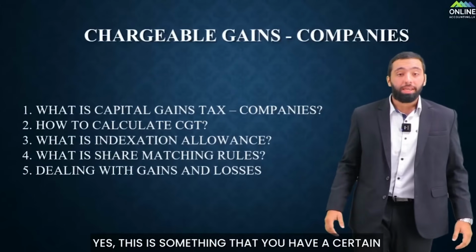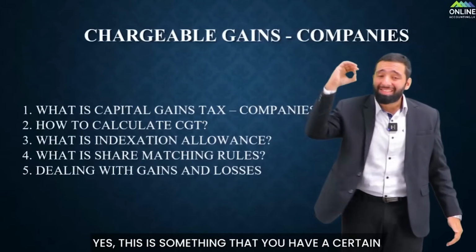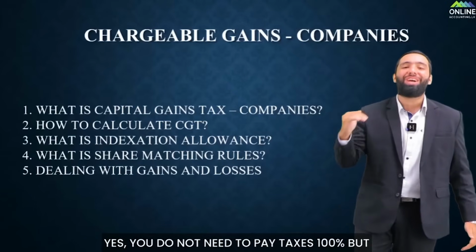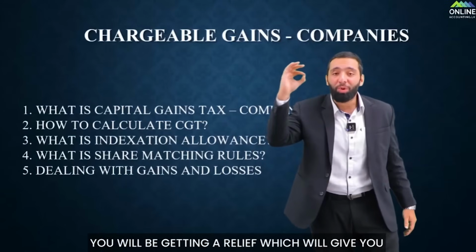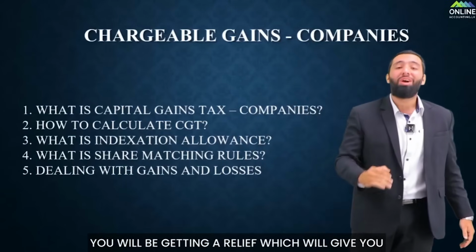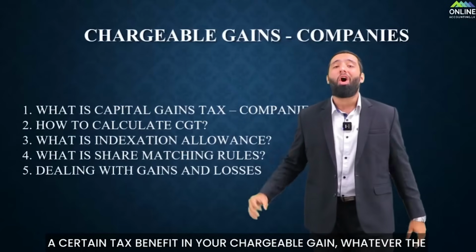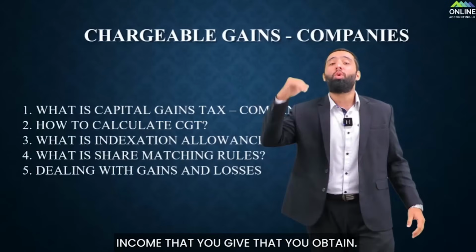What is this? Yes, this is something that gives you a certain benefit that will be reduced as your relief. Yes, you do not need to pay taxes 100%, but you will be getting a relief which will give you a certain tax benefit in your chargeable gain, whatever the income that you obtain.